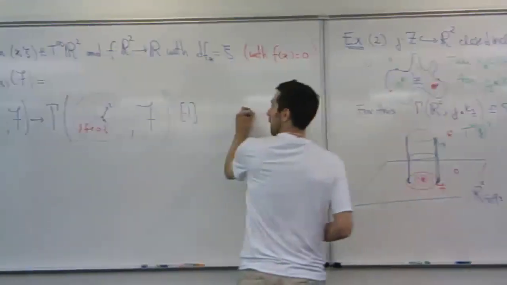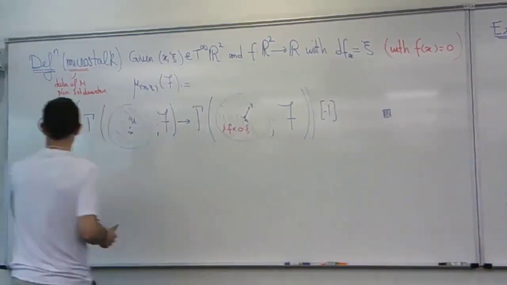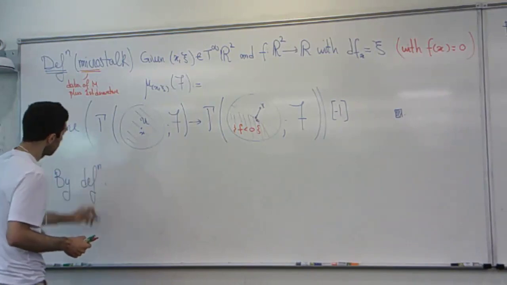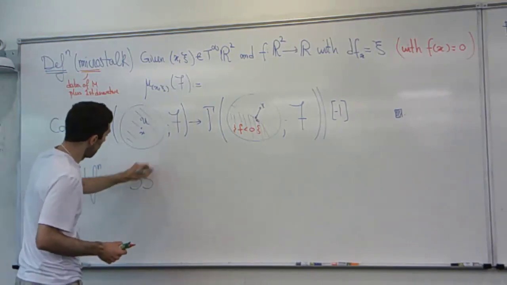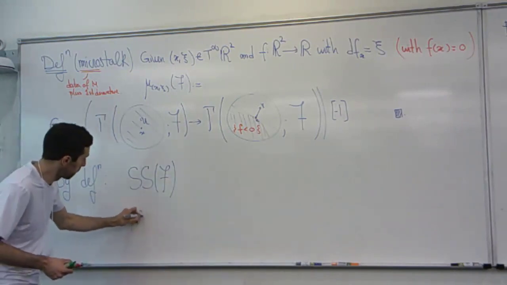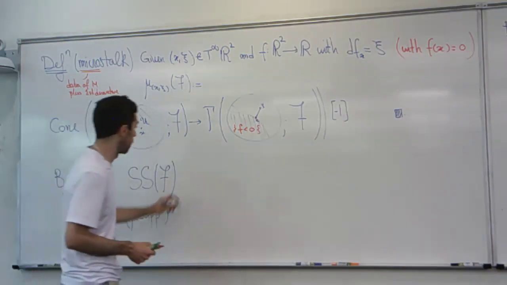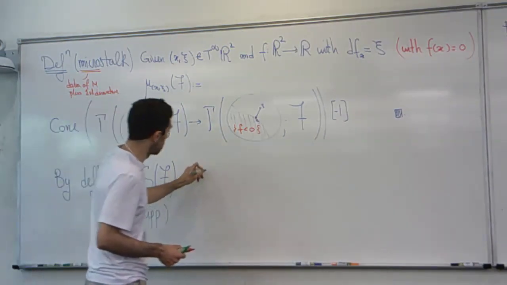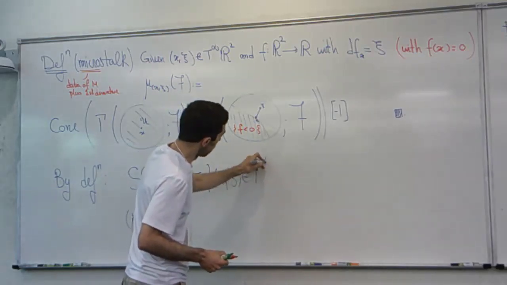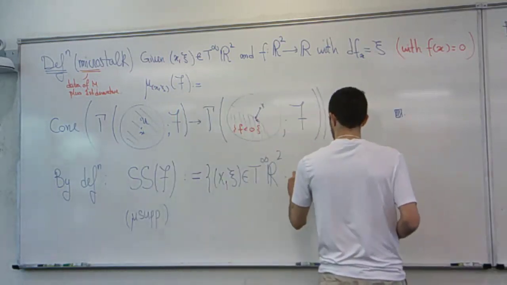Okay, so that's the microstalk. That's the first definition in here. Definition number one. And then, by definition, very important definition: the singular support of a sheaf F, sometimes denoted mu supp, where mu is for micro and supp is for support, the micro-support, is exactly the set of points in your contact manifold, the T infinity of R2, such that the microstalk is non-zero.